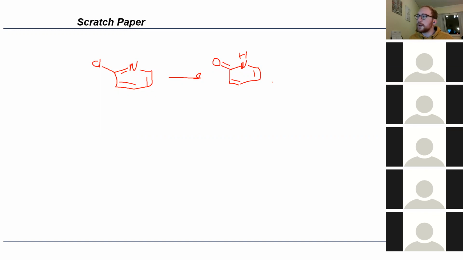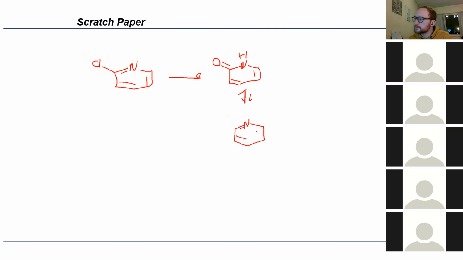And so in this question, when we see this chloropyridine, we should think to ourselves, this is ready for nucleophilic aromatic substitution. We also look at this product here, this pyridone. I think the key to recognizing the answer to this problem is that we recognize that this is a tautomer of, for example, this.